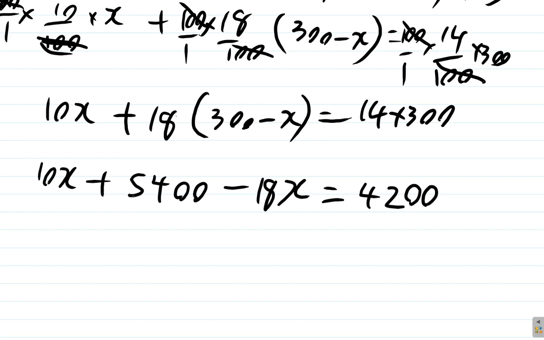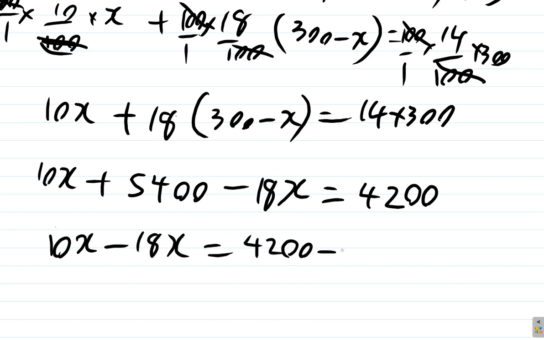So if we subtract the 5400 from both sides and put the x's together, we have 10x minus 18x equals 4200 minus 5400. 10x minus 18x is negative 8x equals, what is 4200 minus 5400?